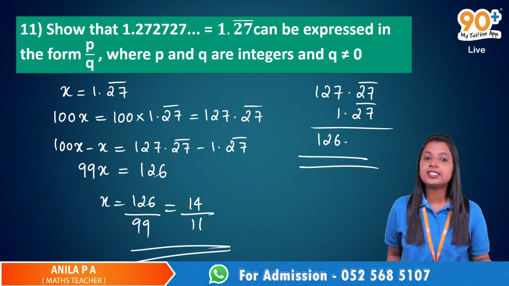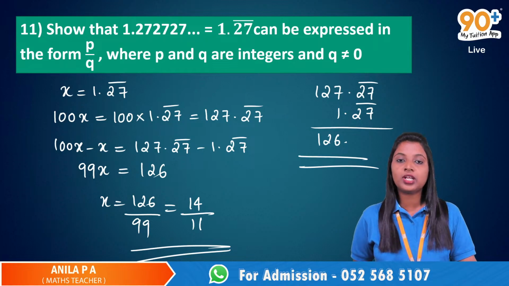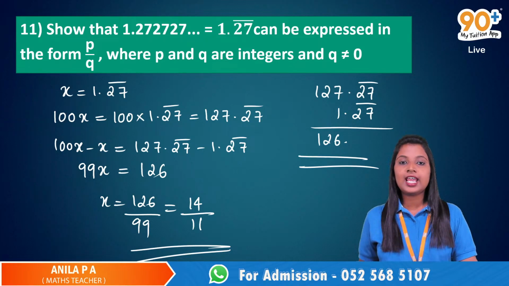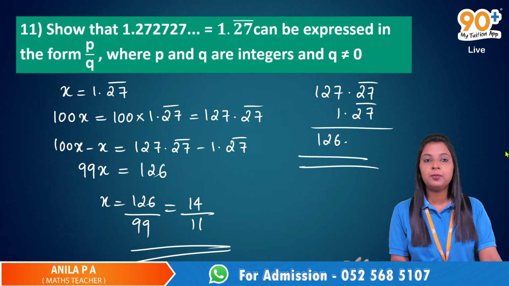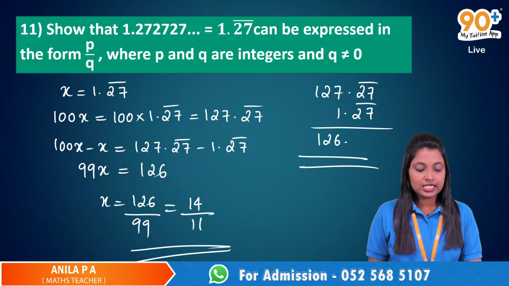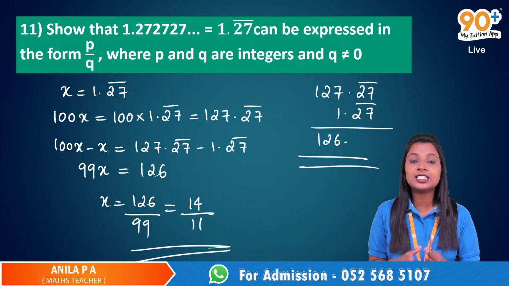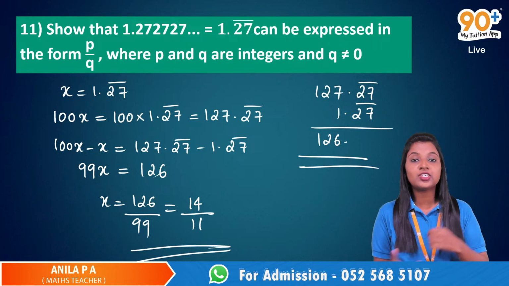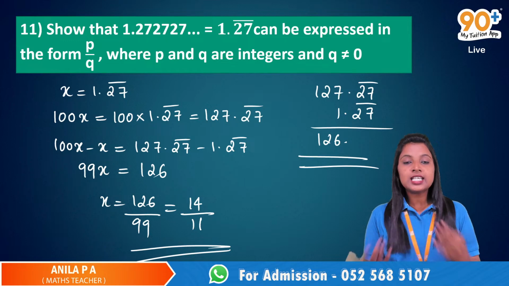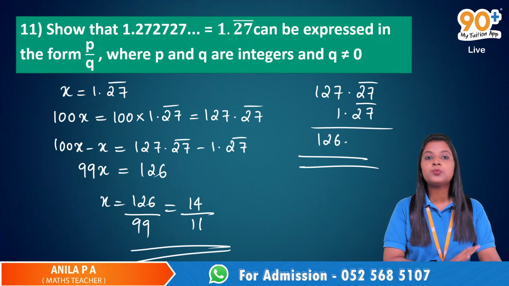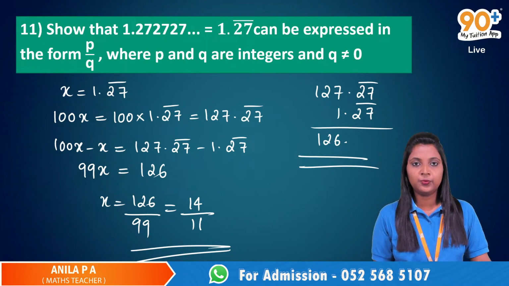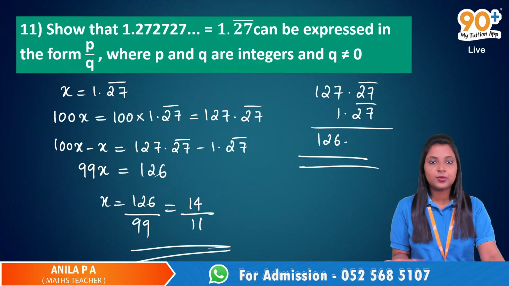So here p is equal to 14 and q is equal to 11. Why? Because this is non-terminating but recurring. We know that non-terminating recurring decimals are rational numbers. Since they are rational, we can express it in the form of p by q. Yeah, this was the last question we solved.